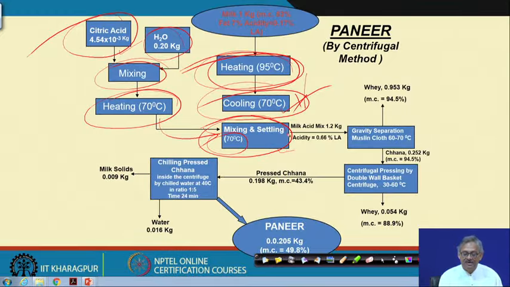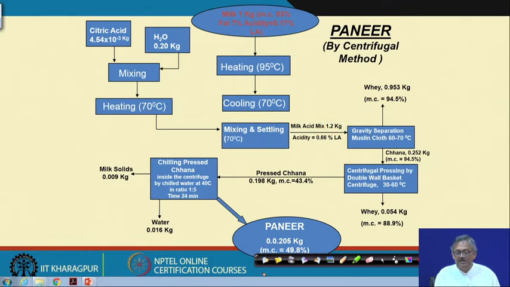Then milk acid mix of 1.2 kg with an acidity of 0.66% lactic acid is obtained, and we get a gravity separation through a muslin cloth at around 60 to 70 degree centigrade.